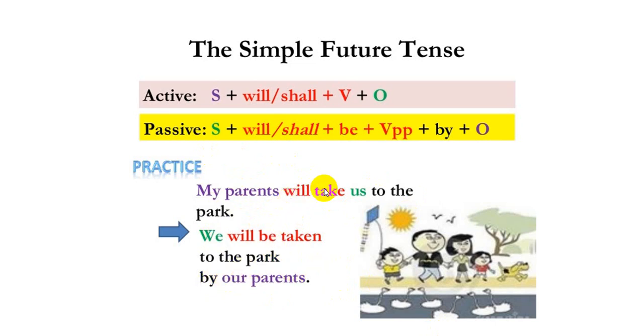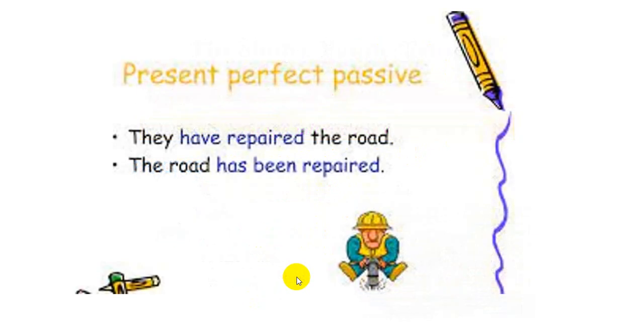In the active you have will take, and in the passive voice you have will be taken. The passive voice of the simple future tense is subject, will, shall, be, verb in past participle. The difference here is the be, will be.